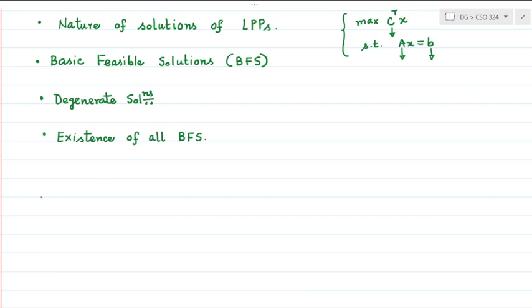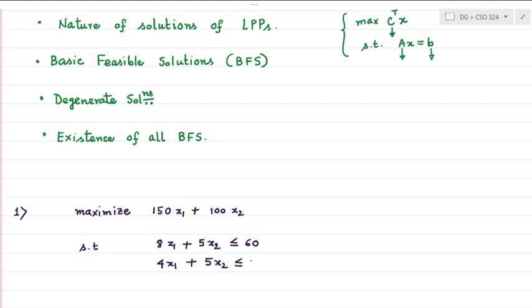So the first problem that we will try to consider is the one which is asking you to maximize 150 x1 plus 100 x2, and subject to 8 x1 plus 5 x2 less than or equal to 60, 4 x1 plus 5 x2 less than or equal to 40, together with the non-negativity restrictions on the variables x1 and x2.